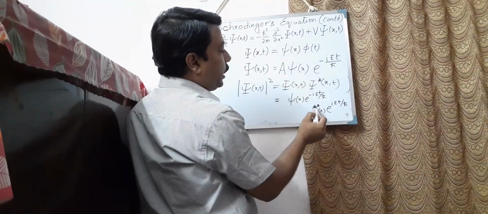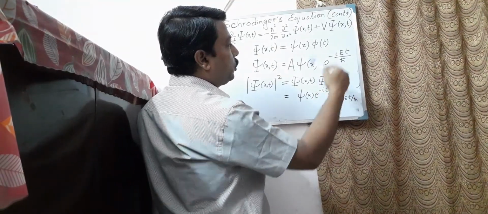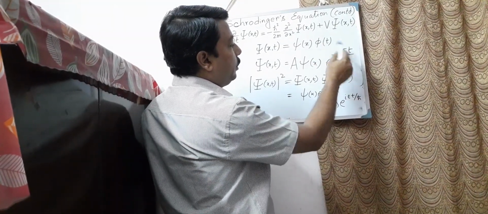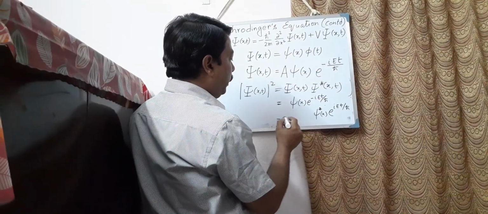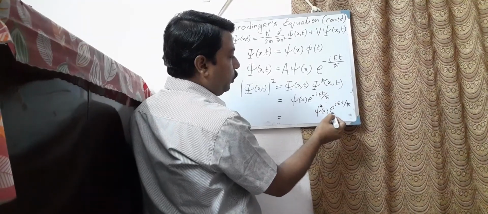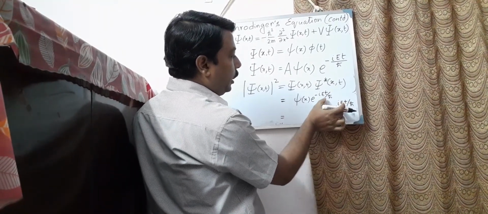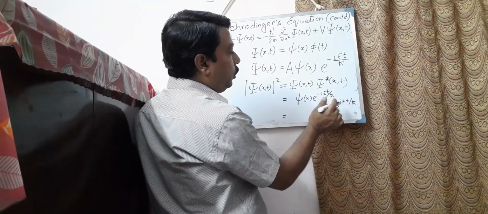So I take the conjugate of psi x, and for e to the power minus i E t by h cut, its conjugate will be this, minus i is replaced by plus i. So this is the conjugate. So that gives me e to the power minus i E t by h cut into e to the power plus i E t by h cut. This will multiply to give you 1.